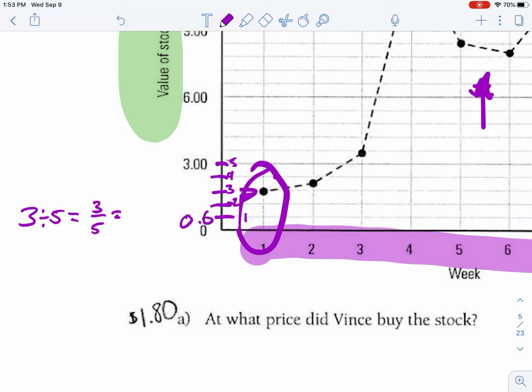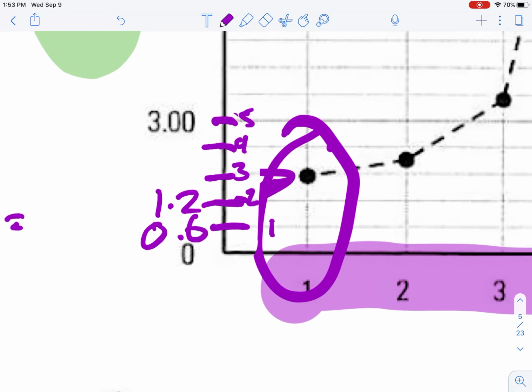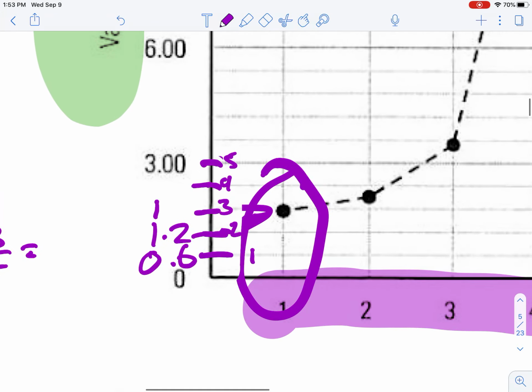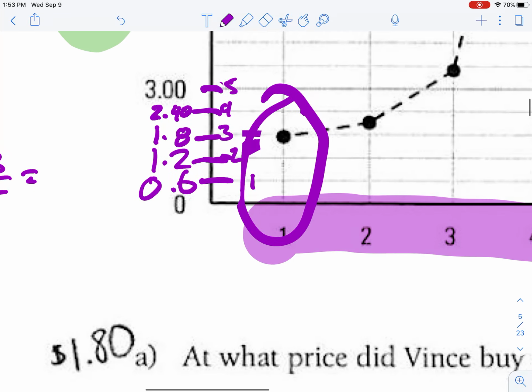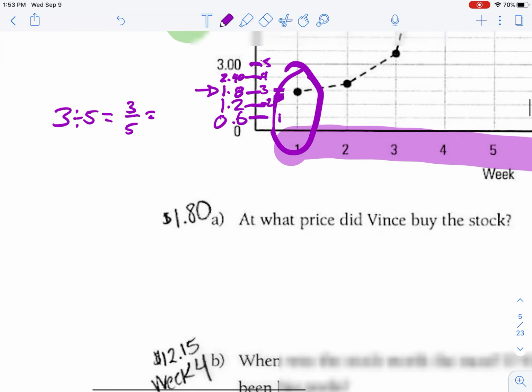So this is 60 cents. This would be $1.20. This would be $1.80. This would be 180 plus 60 gives me 240. And this dot here is what he bought the price at. And that is lining up with $1.80. Okay, so he bought it at $1.80.